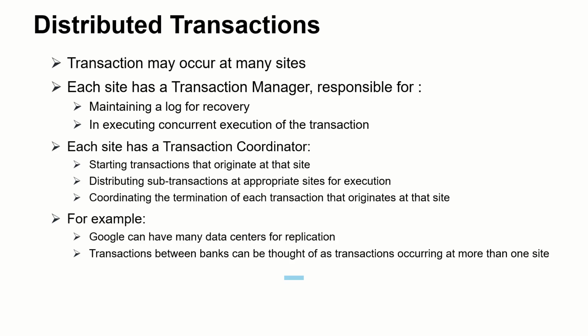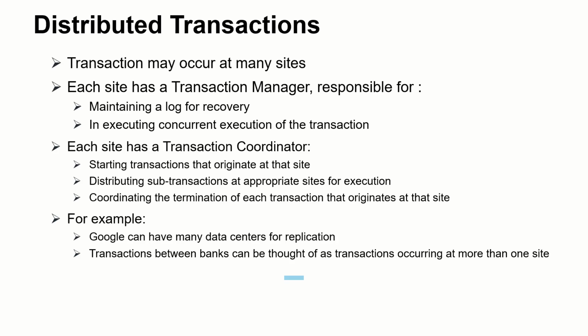The transaction manager maintains a log for recovery and handles concurrent execution of transactions. Each site also has its transaction coordinator, which starts the transactions that originate at that site, distributes sub transactions to appropriate sites for execution, and coordinates the termination of each transaction, ensuring which protocols are used while terminating it at each site.